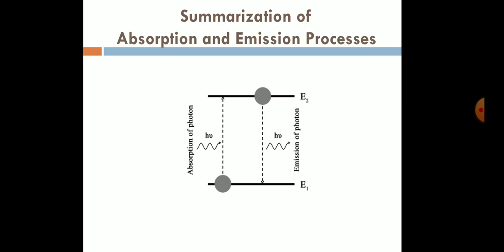And when we are studying what energy of photon the molecule is emitting when it comes down from the excited state to the ground state, then it is termed as emission spectroscopy. So this figure clearly shows the basic difference between absorption and emission spectroscopy, and as I said earlier, they work in opposite manner.